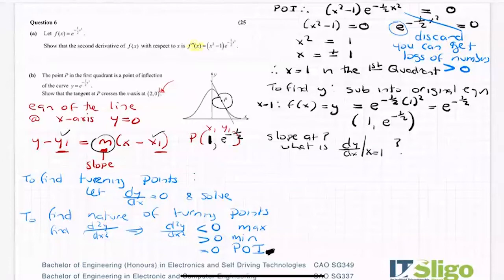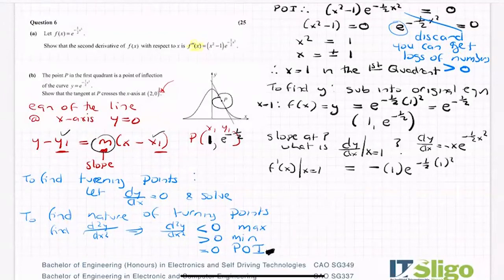Okay, so f dash of x when x is equal to 1 is equal to, what was my f dash of x again? It was minus x e to the minus a half x squared, because we had to do a product on it. So it's equal to minus 1 e to the minus a half 1 squared. Okay, so for my slope, I'm getting minus e to the minus a half.